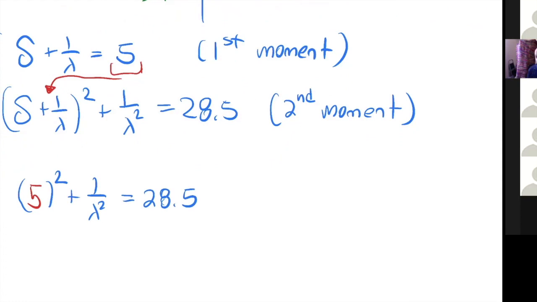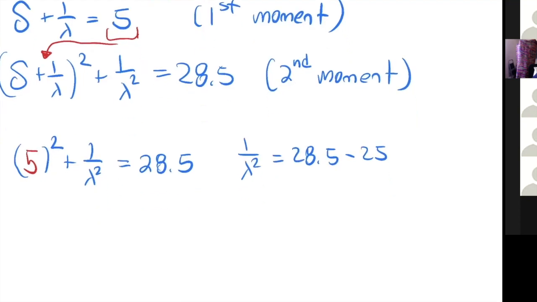Right now we just have one equation with one undetermined parameter. We can solve for lambda. We can do something like 1 over lambda squared is 28.5 minus 25. So lambda squared is 1 over 3.5.